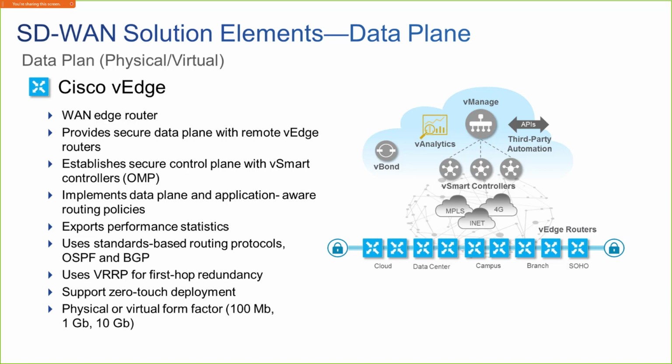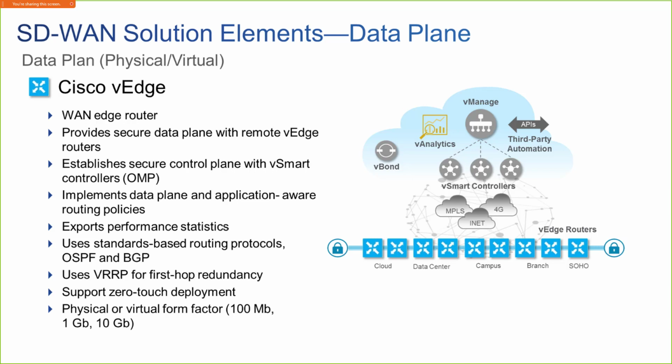Obviously as the models increase, you're going to have more throughput and more data plane tunnels that you can create. We can use ASR 1Ks, ISR 4Ks, ISR 1K router platforms as well, and ENCS to do the SD-WAN stuff.